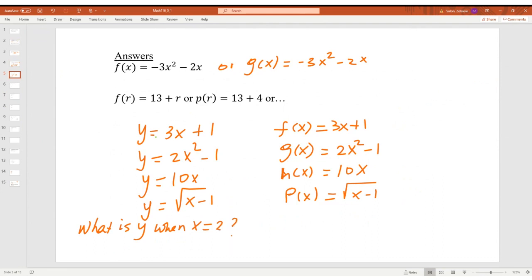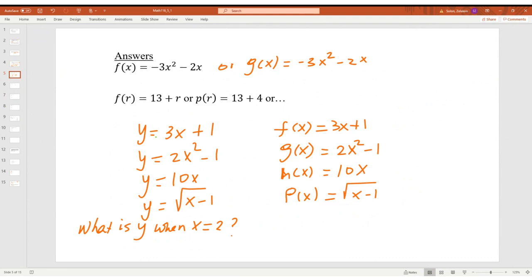You have 4 different functions, and all of them are y. There's no way we identify which function I'm referring to. That's why we needed function notation.